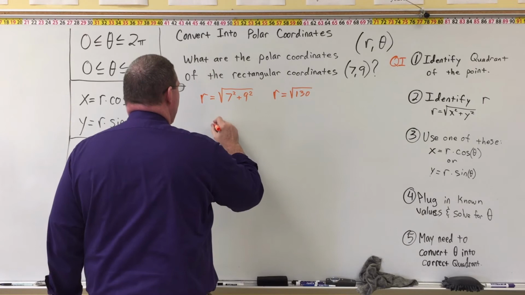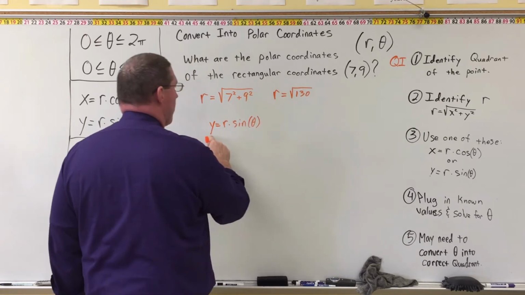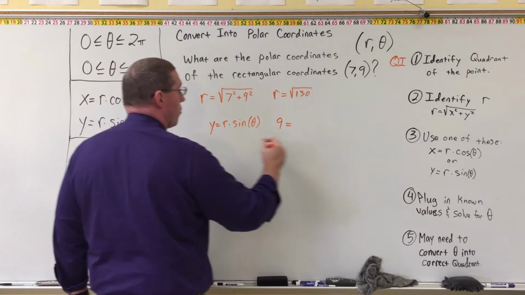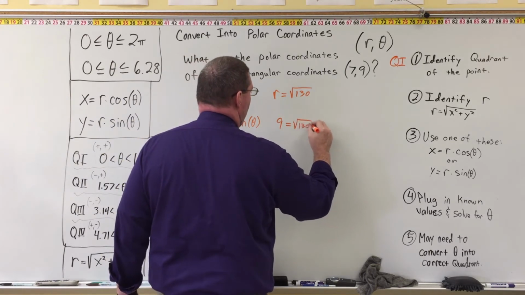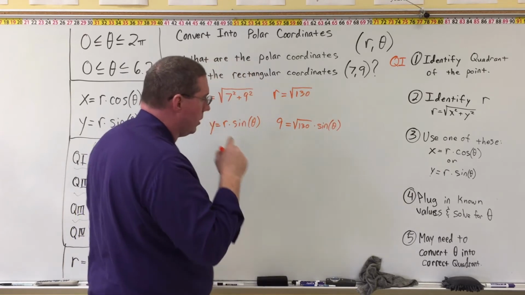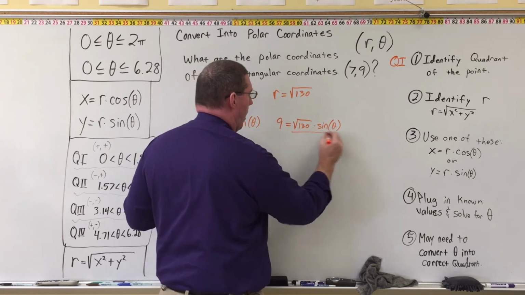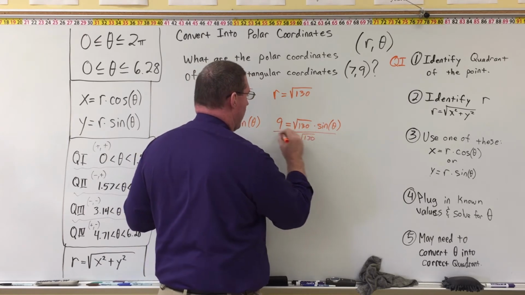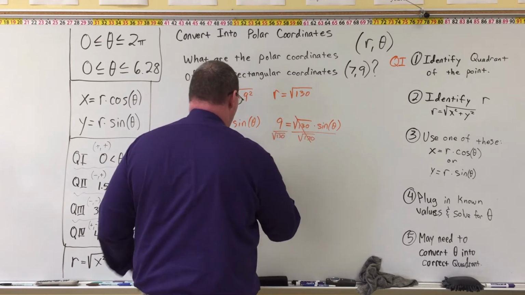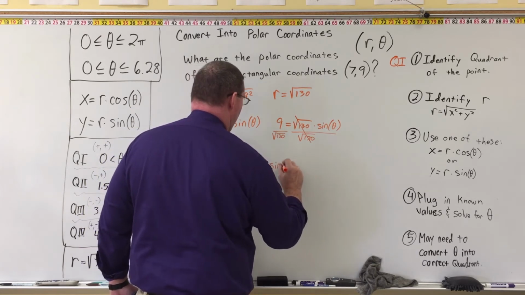So we're going to use y equals r times sine of theta. In this case, y is equal to 9, so we'll have 9 equals the square root of 130 times sine of theta. Step 4 here, we've plugged them in. Now we're going to solve for theta. We're going to divide by the square root of 130 on both sides, and now we have 9 over the square root of 130 equals sine of theta.